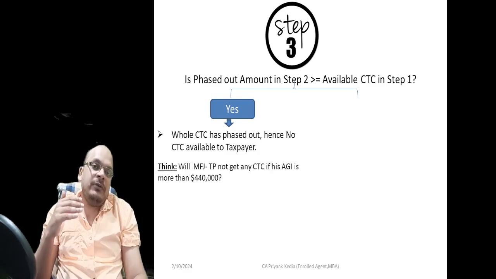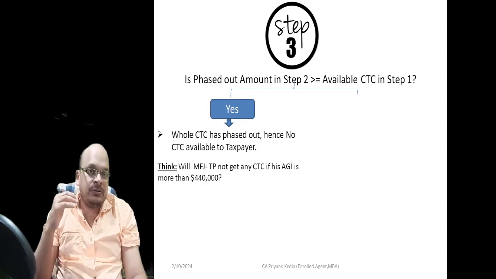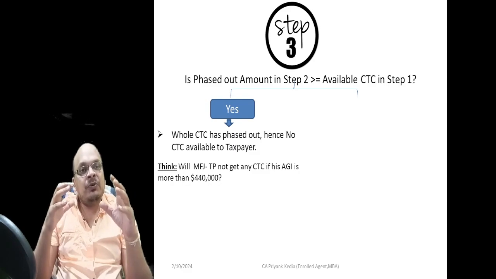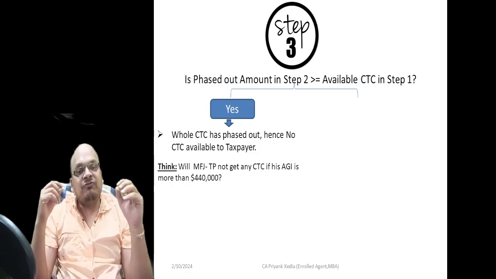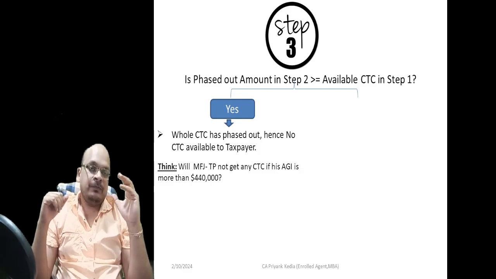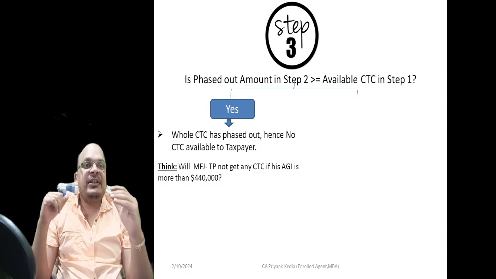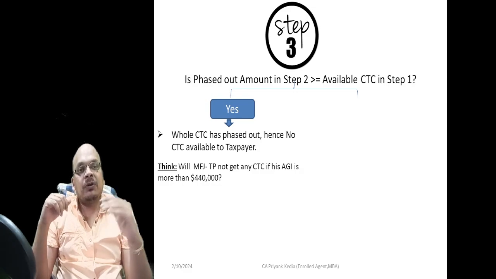Now, here one point we'll have to look into. This is another mistake people do when we talk about phase out. Let's say there's a question, think over it. Let's say there is a taxpayer who has a filing status of MFJ, married filing jointly, and his AGI is $440,000, right? We see that for an MFJ taxpayer, the threshold limit is $400,000.